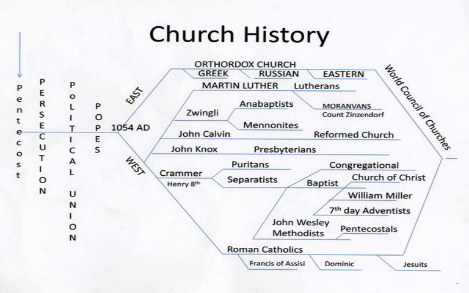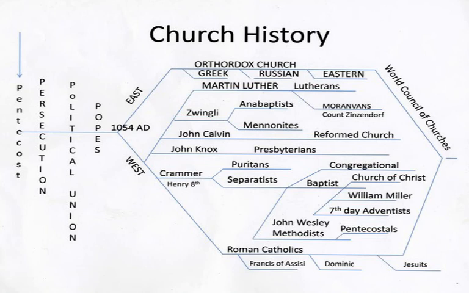Then we have another great leader, John Knox in Scotland, founding the Presbyterian Church. Then we see another split with Henry VIII not getting an annulment, so he splits from the Roman Catholic Church, with Cranmer leading the way.